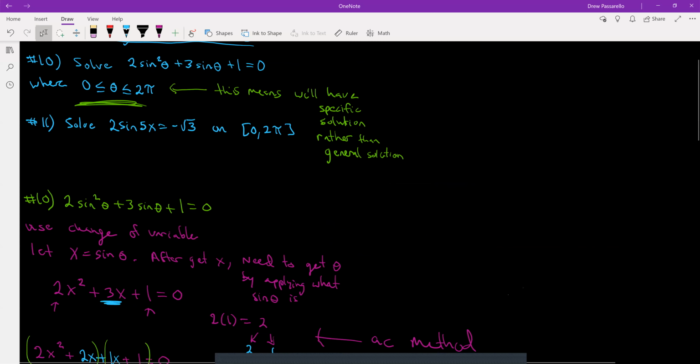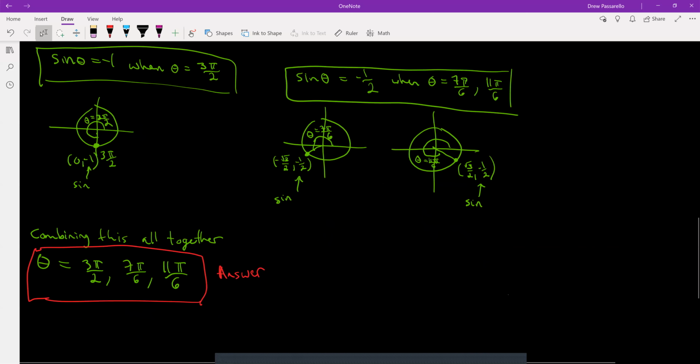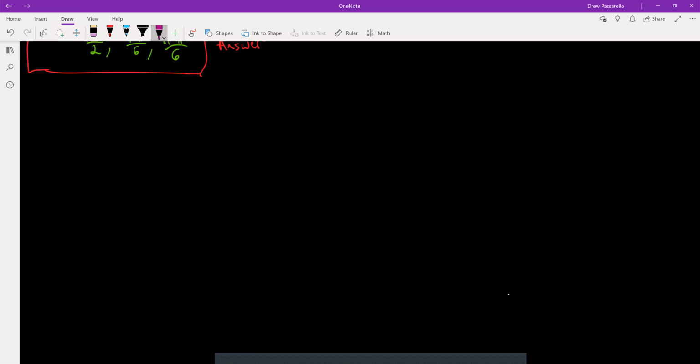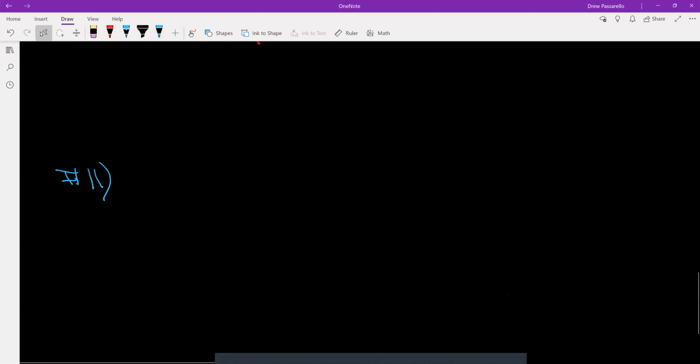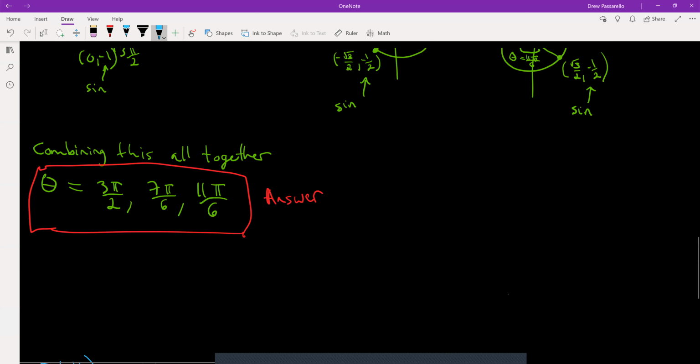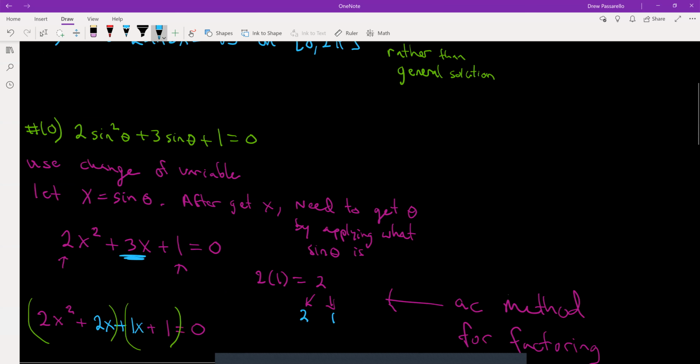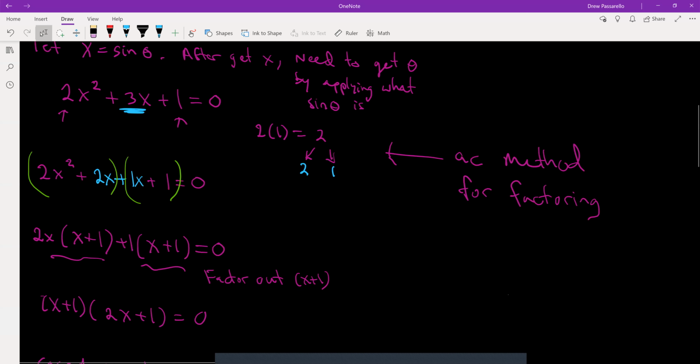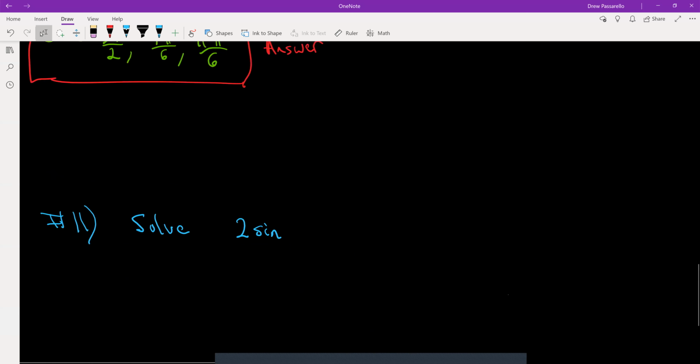Now number 11. Let's see, I had 2 sine 5x equal to -square root of 3, and the interval is 0 to 2 pi.